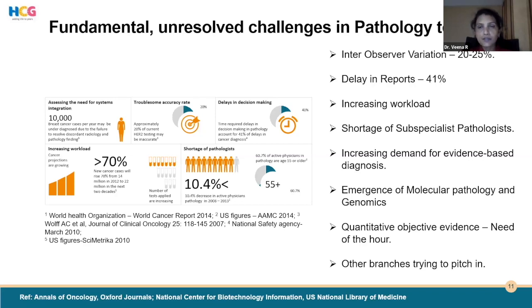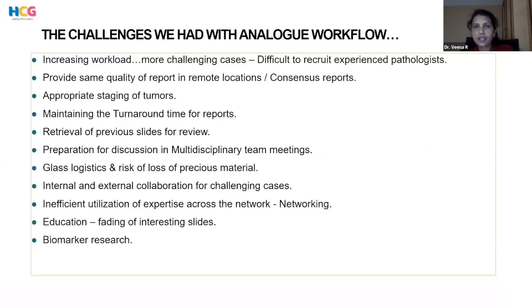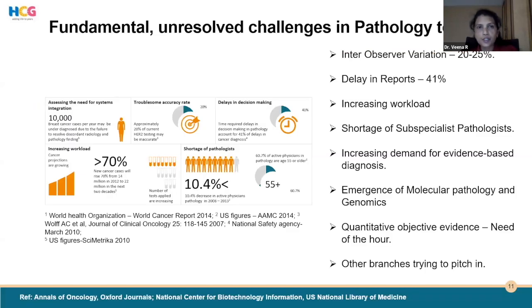This complexity and the lack of integration with other modalities is resulting in a delay in the reports in almost 41% of cases. Also, all the expert pathologists are located in the metros, and it is difficult to approach them from remote locations. This is one of the challenges that we have today.